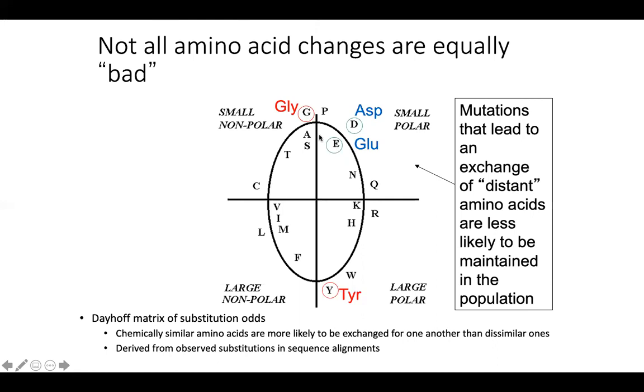The distance in this graph is negatively correlated to the probability of an exchange. So for instance, glycine and tyrosine are much less likely to exchange for one another than aspartic acid and glutamic acid. And this correlates very well with two chemical characteristics, the size and the polarity of the residue. So small polar amino acids are much more likely to be exchanged for one another than small non-polar ones for a large polar one.